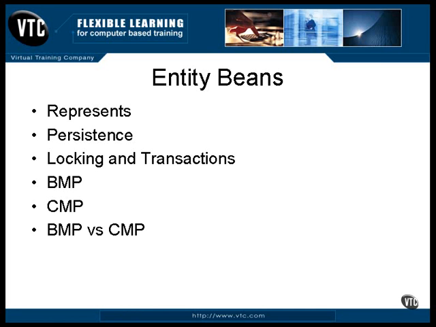While the bean itself is in charge of everything in BMP, the CMP approach relies heavily on the implementation of the server. Different servers will do it in different ways, but most of them do it the same way as the reference implementation from Sun. And in the upcoming lessons, I'll be showing you how the Sun server reference implementation of the container is used to support data in a CMP entity bean.